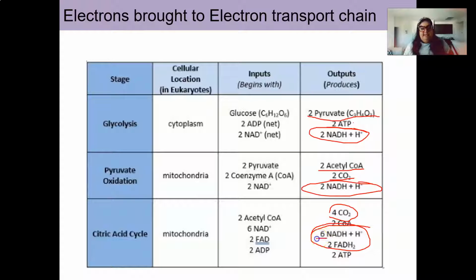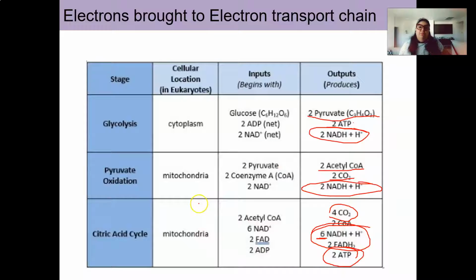This one says 6. So again, remember, depending on who you ask, it's 6 to 8. Don't quite worry about that number. Not going to drill you on what number that is, because there is debate scientifically. And a little bit of ATP.